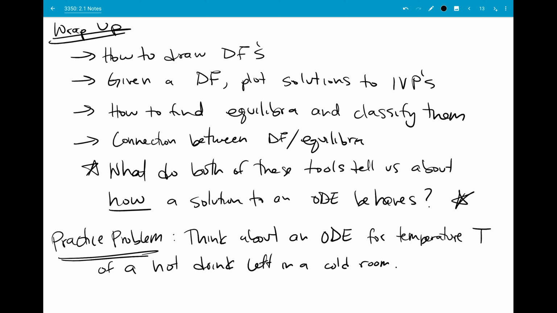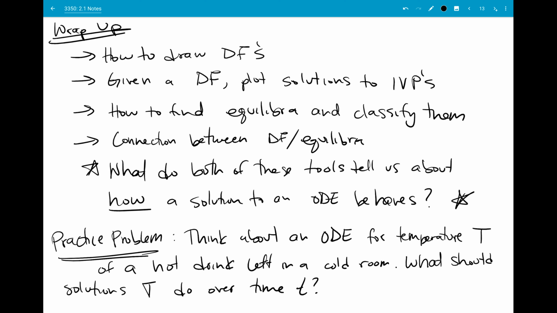Just think about, if you start with a hot drink in a cold room, what should happen to the temperature of the drink? What should solutions T do over time t?